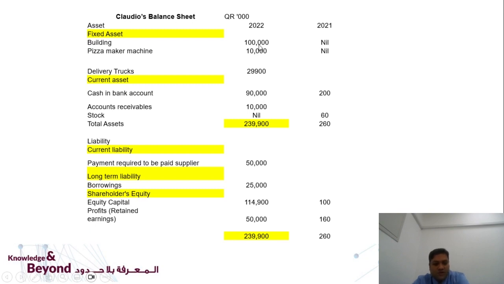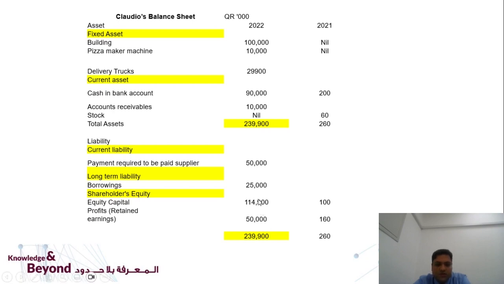Now the point is very important here. He has started with $100, and don't worry too much about the calculation, but the focus should be on how exactly we are translating these numbers into various types of items in the balance sheet. That is what you should focus more on.